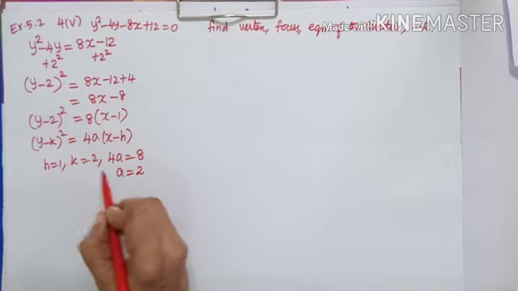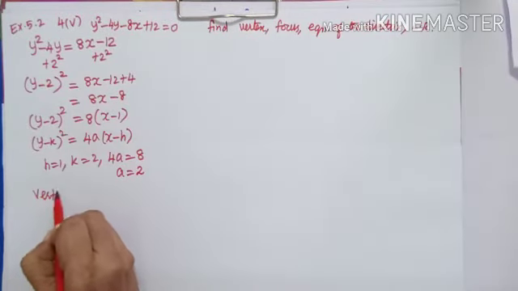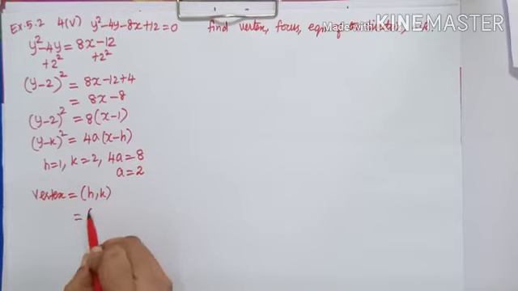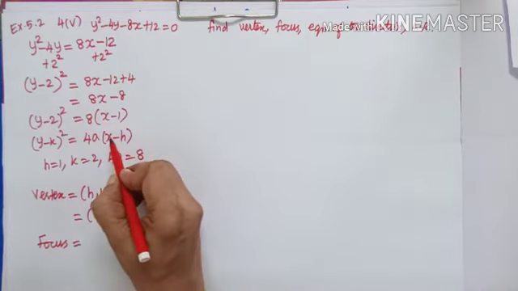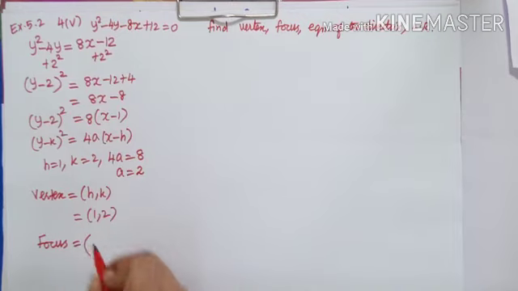Once I know h, k and a, let us try to write down. Vertex equal to h comma k. In this problem, it is 1 comma 2. Focus. What is the focus formula? Look at the RHS. It is x minus h. So, how will you write it? h, k.